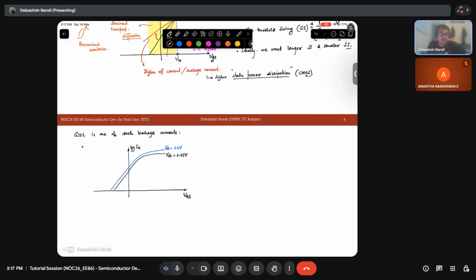Now what will happen if I have GIDL? If I have GIDL, you will see your characteristics go up like this. This signature, this is for NMOS, is the signature of GIDL.